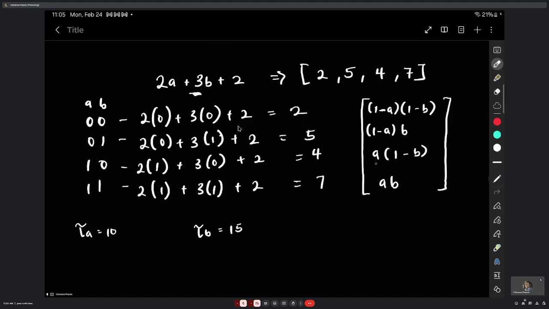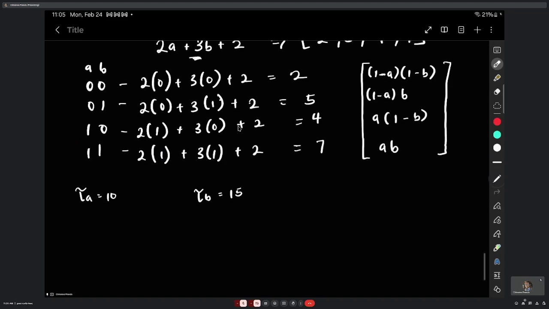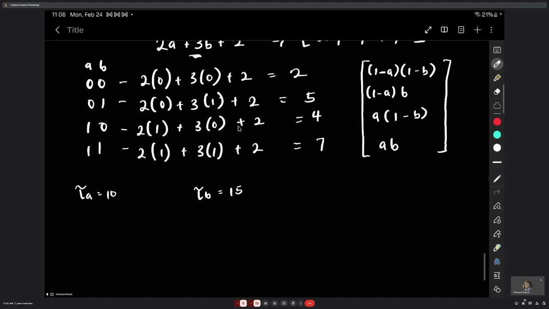This one is check 1 for A and check 0 for B, and this one is check 1 for A, check 1 for B, right? So with this, we can now generate this thing, right?